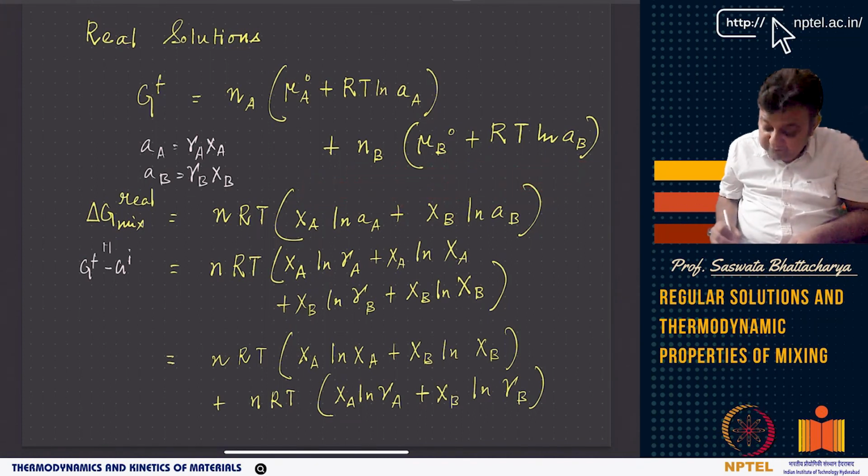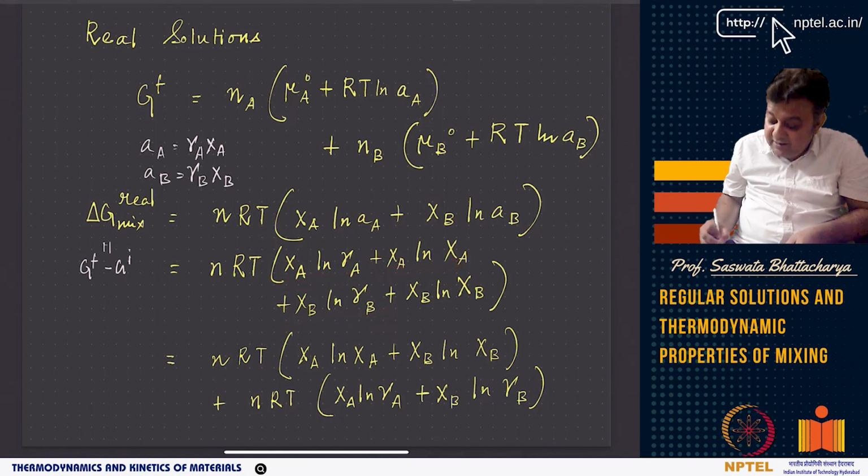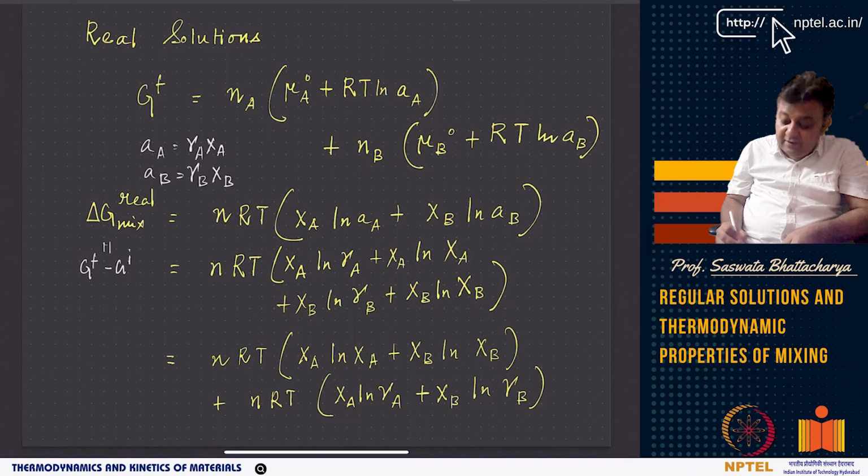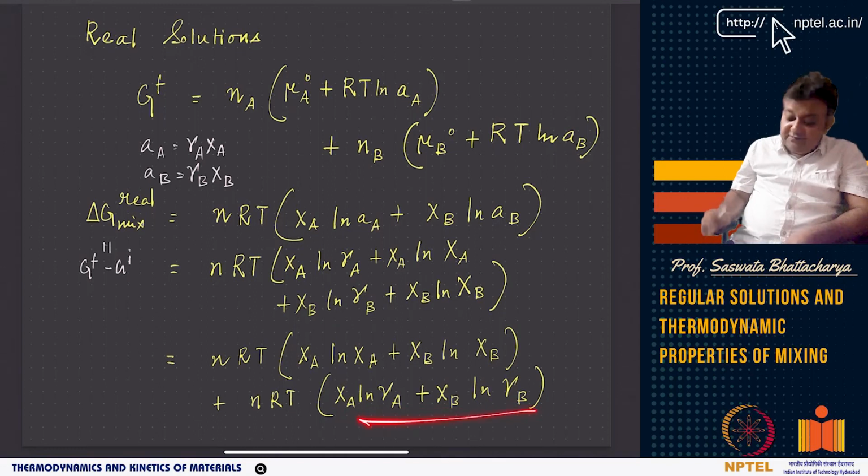So that's what I am doing. So XA ln gamma A, XA ln XA, XB ln gamma B, XB ln XB, right? Multiplied with NRT. So if you do that, this term XA ln XA plus XB ln XB comes, and then there is this additional term, right? This additional term comes in.